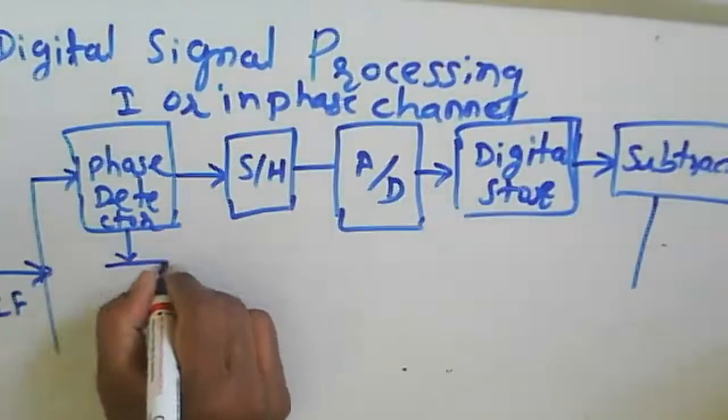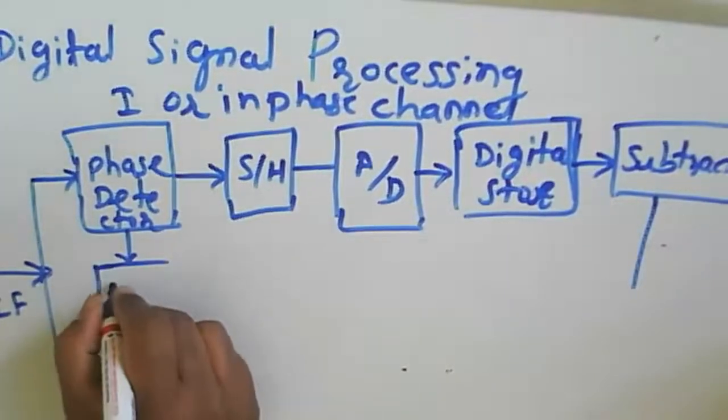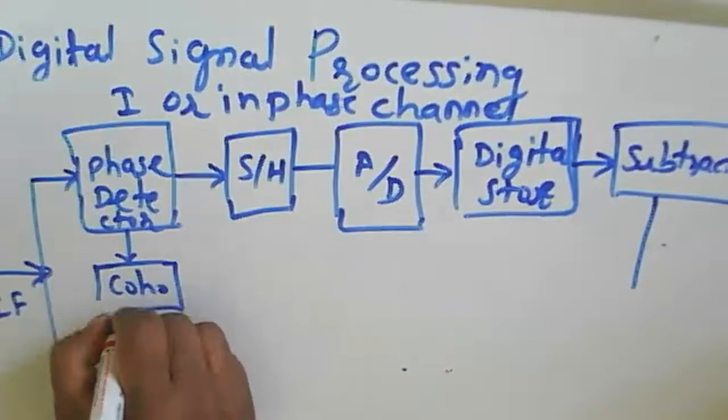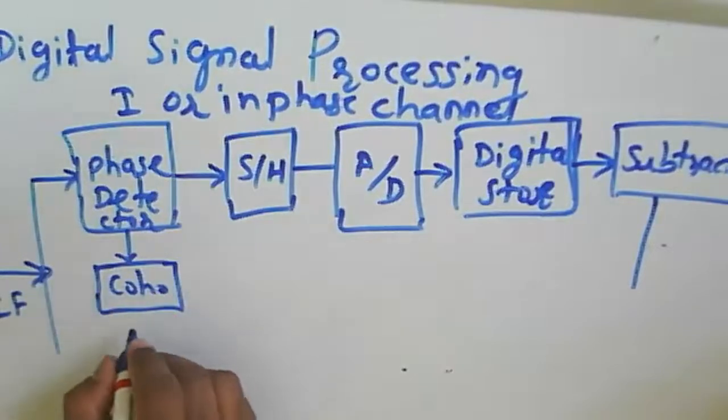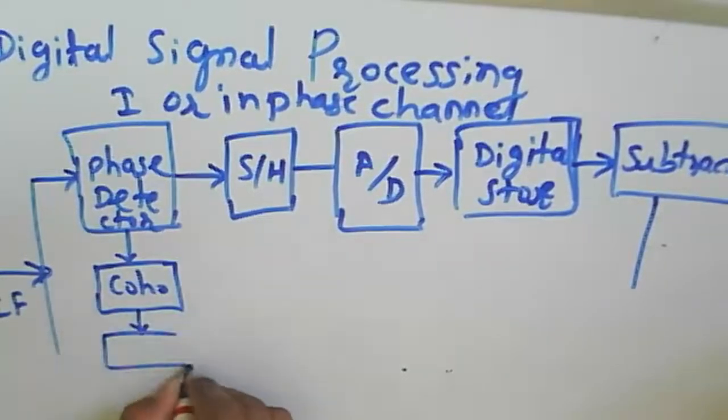This particular output, we consider a phase shifting of 90 degrees, that is pi by 2 here.